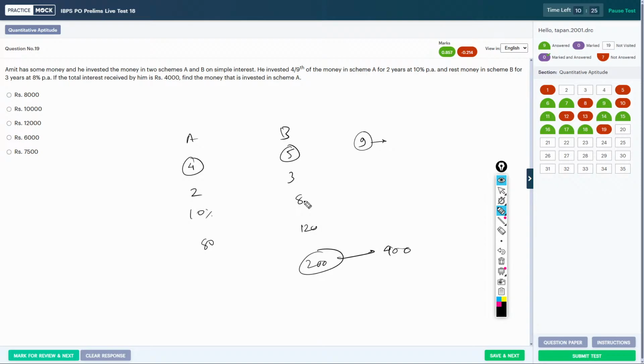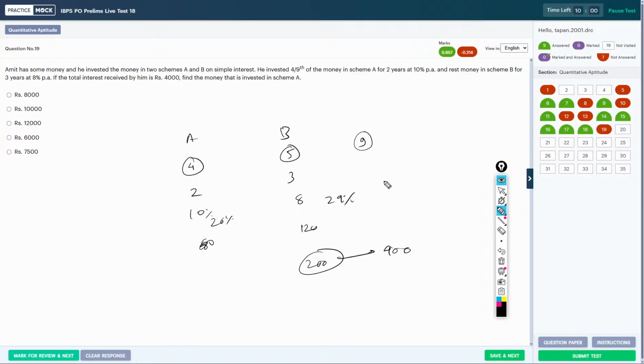What's going on? For 3 years, right? 8%. So he invested 5 units. Okay. So he invests 4 units at 20% and this 5 units at 24%. Okay.